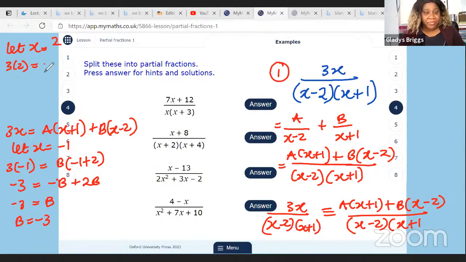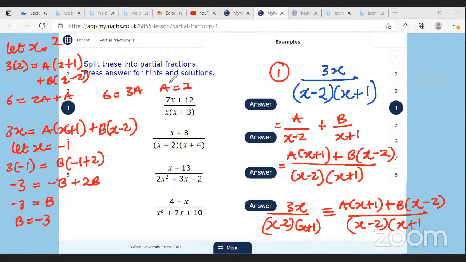Then you have 6 is equal to 3a, and a is equal to 2.